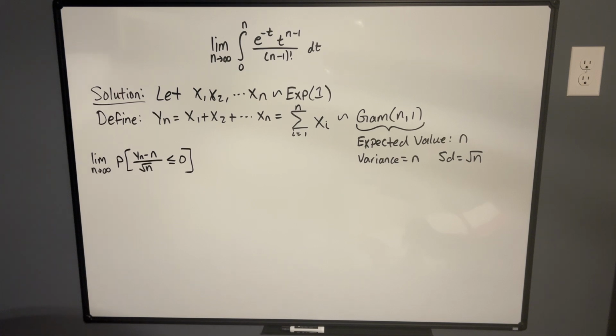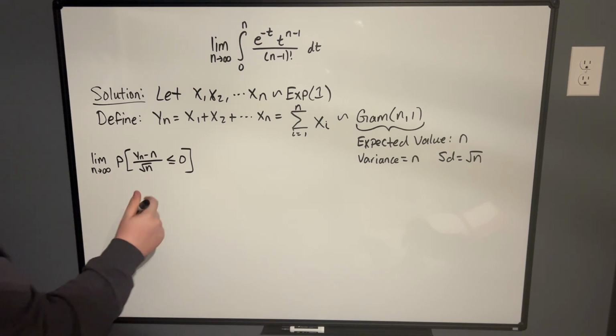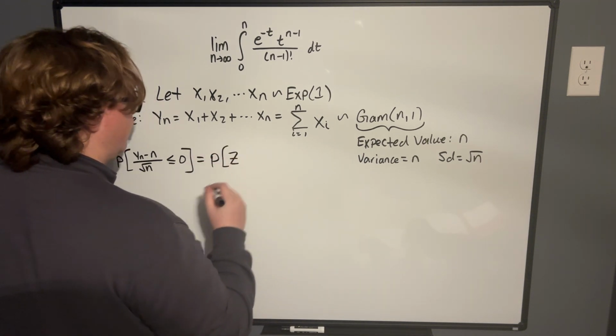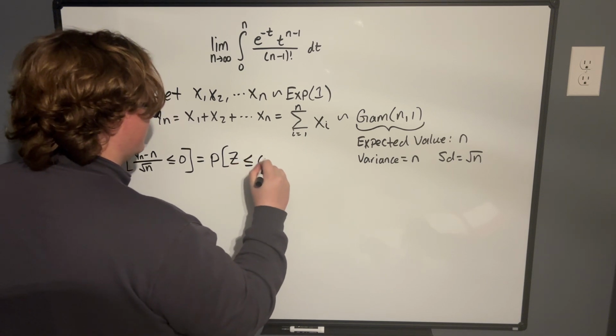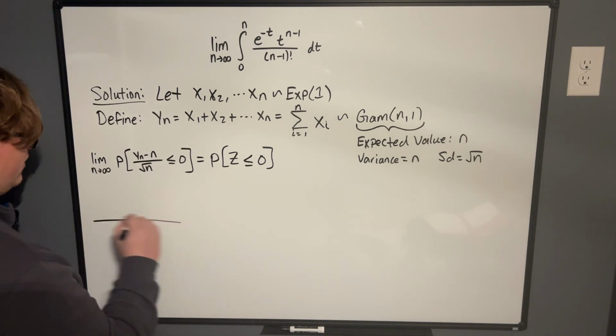Then we can apply the central limit theorem, because as n goes to infinity, this approaches z. So this is the probability that z, the standard normal random variable, is less than or equal to 0.